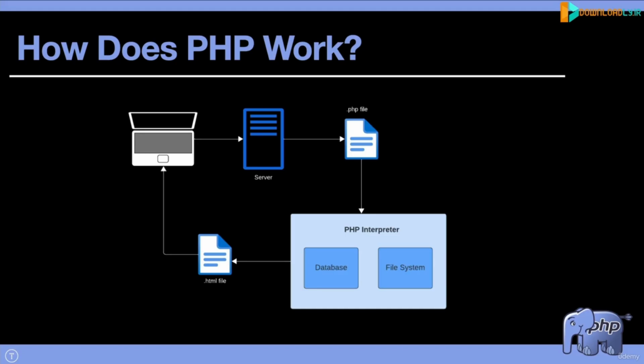So when it realizes it's a PHP page, it sends it to the PHP interpreter, and that PHP interpreter then reads the file and executes any PHP code that's found on that page, because that page can also have HTML in it. And that interpreter also has access to any databases that you want to use, as well as the file system, and then the output of that PHP code, which is in HTML format, is then sent back to the client, which sends it to the user's browser.